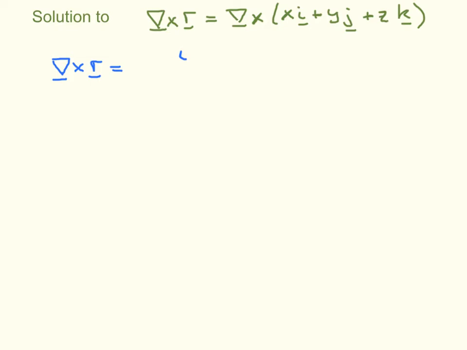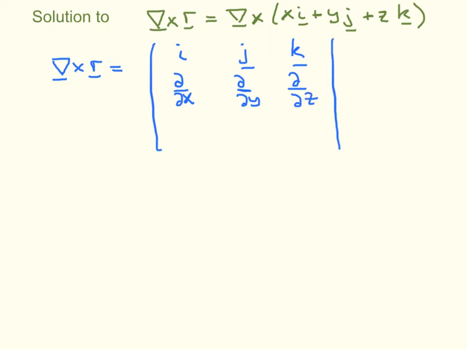So we are going to expand here i, j, k, d by dx, d by dy, d by dz, and the bottom row are the components of the vector whose curl is being calculated. So this is x, y, and z.